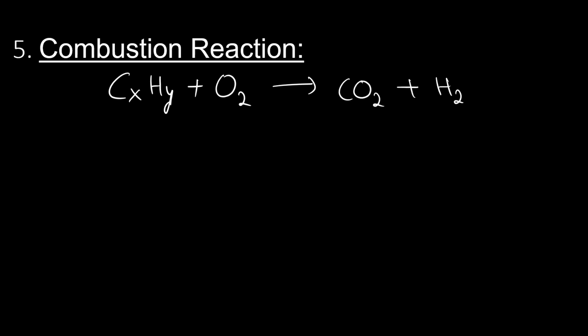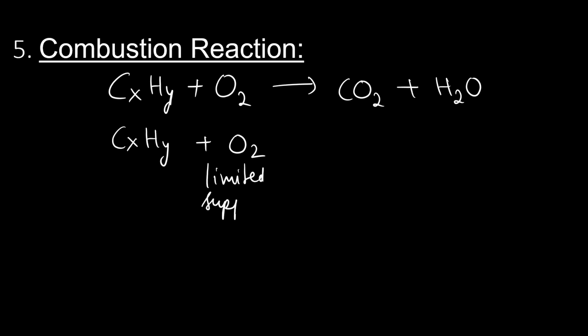Our fifth type is the combustion reaction, in which we react oxygen with some sort of hydrocarbon. If I provide a complete supply of oxygen, then I get carbon dioxide and water as products. But if we provide a limited supply of oxygen, what would be the product?